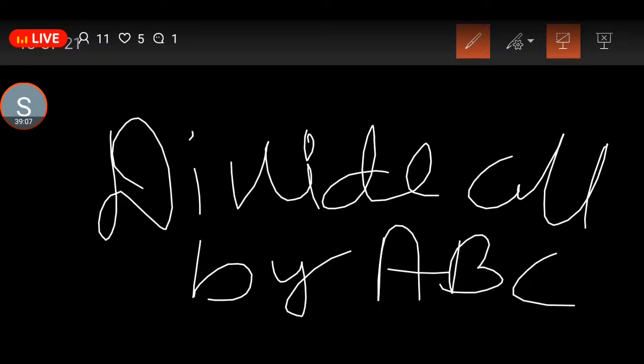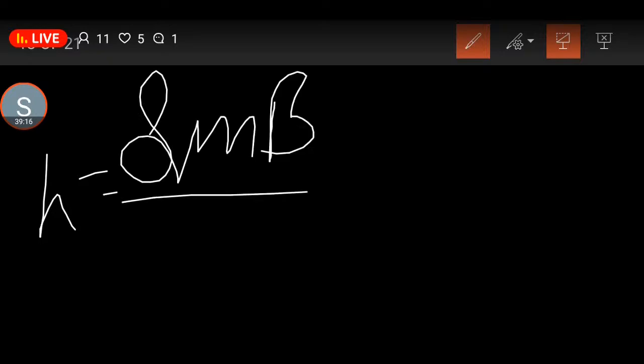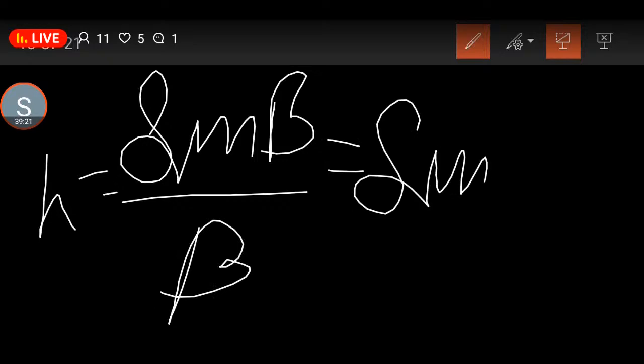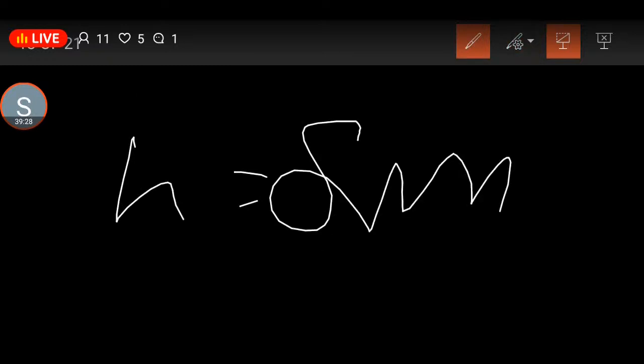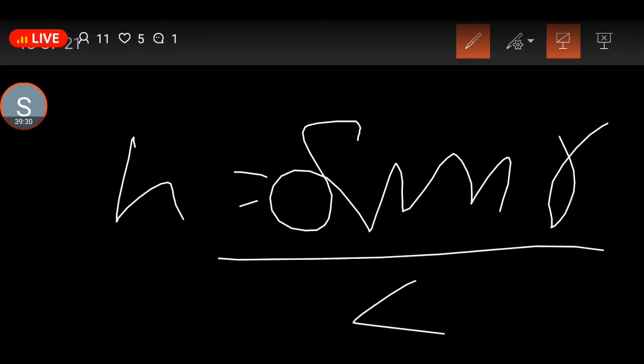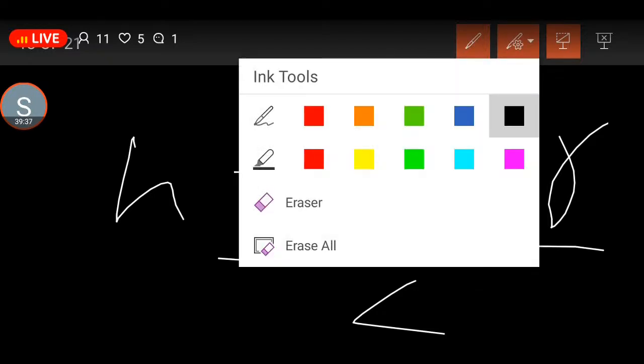Divide all by ABC. Then sin beta by B is equals to sin alpha by A, and it will be sin gamma by C. This will be the result, and this is known as Lami's theorem. I have taught you Lami's theorem in the way of triangle law.